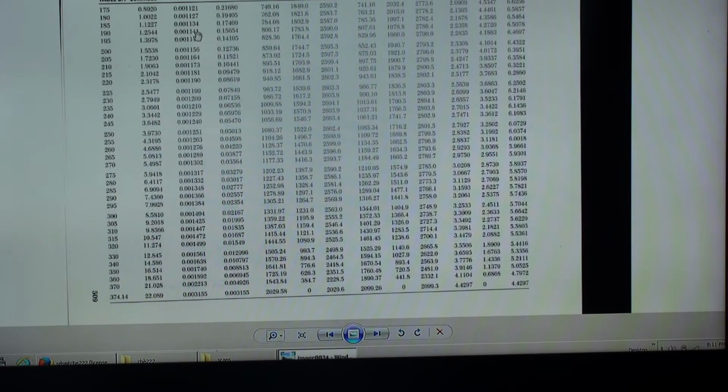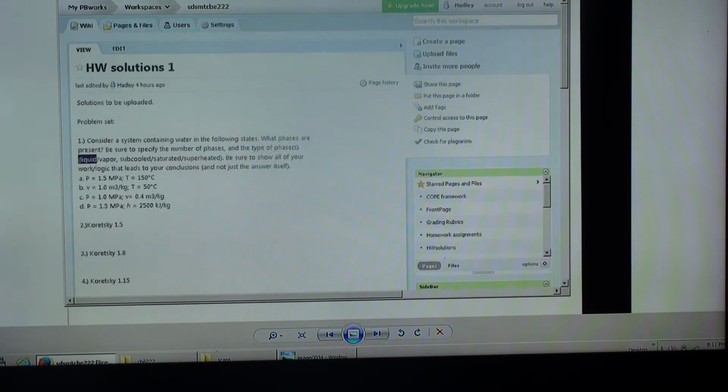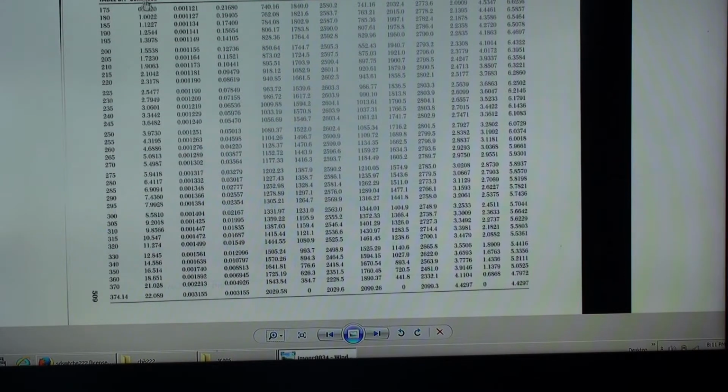The lower end is maybe 0.01124, and the other one is about 0.2, somewhere in there. Now, if I'm really close to the boundary, I should probably go to the pressure table. But I'm not close to the boundary. I'm 0.4, which is well above both of those.